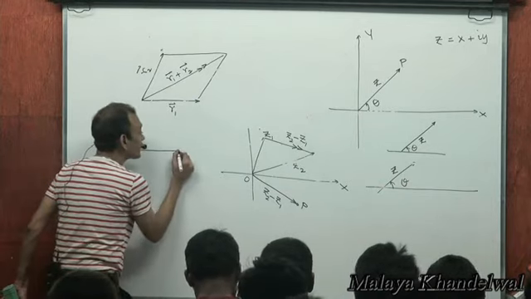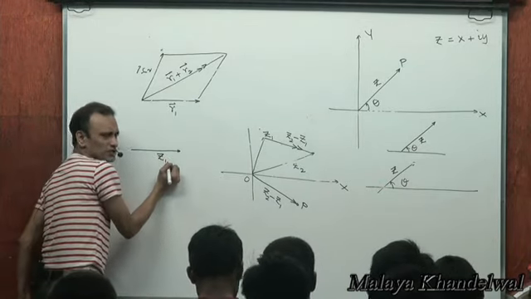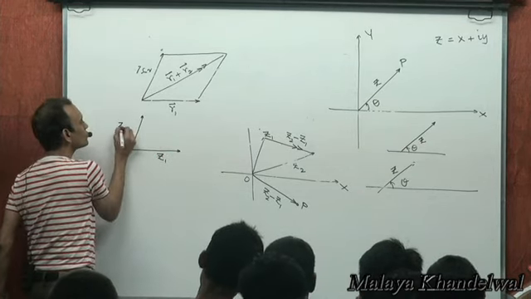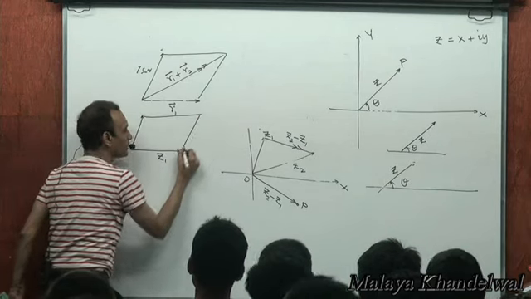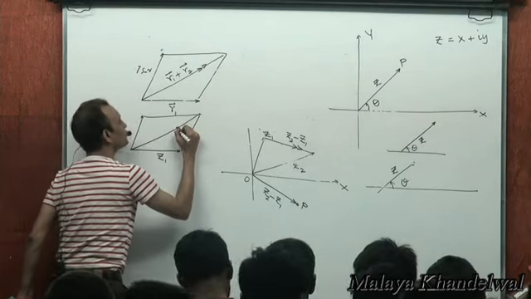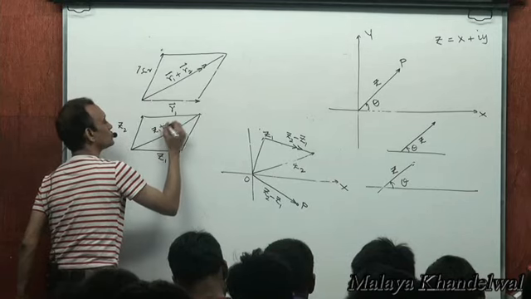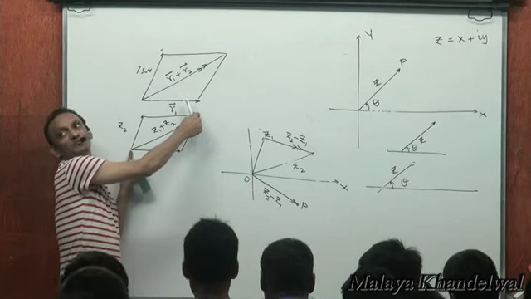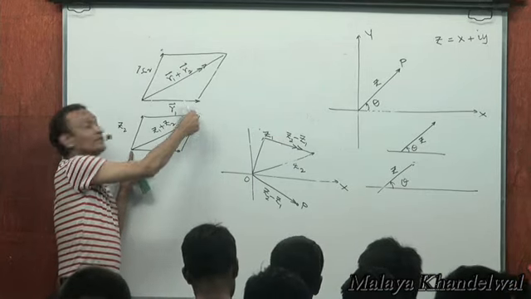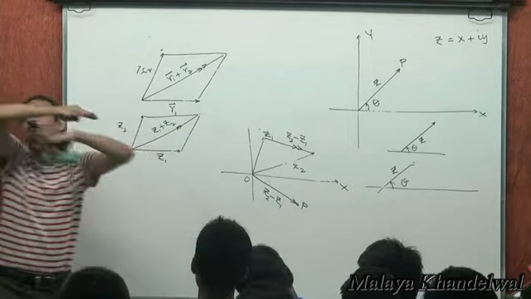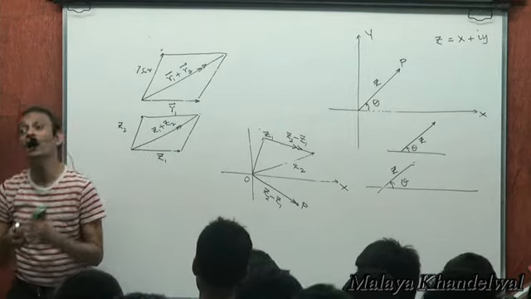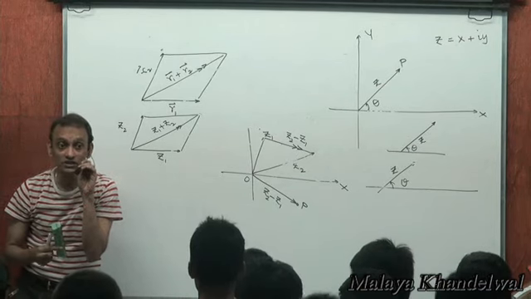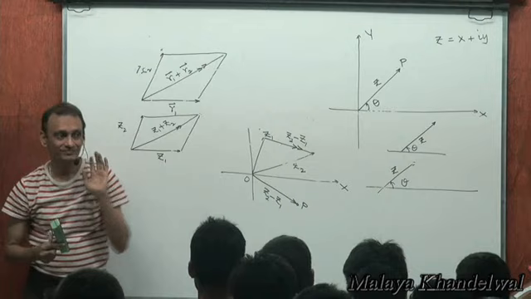If this was a certain vector z1, not necessarily the position vector, but some vector z1, and if this was some vector z2, on completing the parallelogram, this would be the vector z1 plus z2. This length would be mod of z1 plus z2. The angle that z1 plus z2 makes with a line parallel to the x-axis will give me the argument of z1 plus z2. Yes or no? Are you all there with me on this? Got me, now?